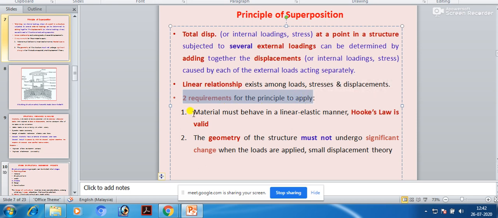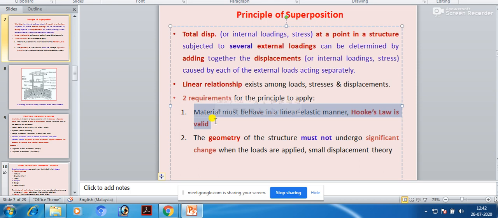One is the material must behave in a linear elastic manner so that Hooke's law is valid, and the second is the geometry of the structure must not undergo significant change.